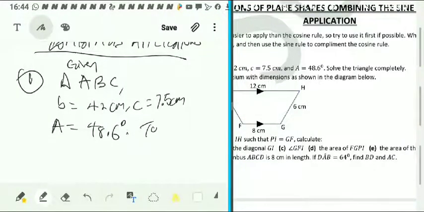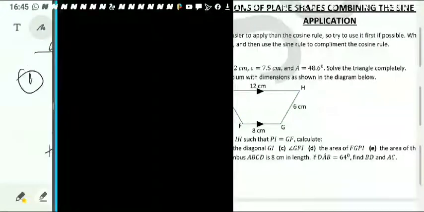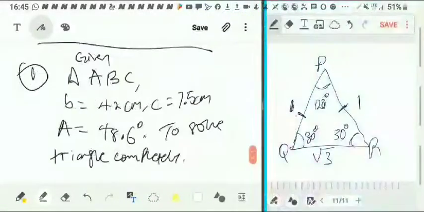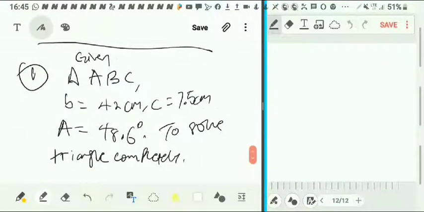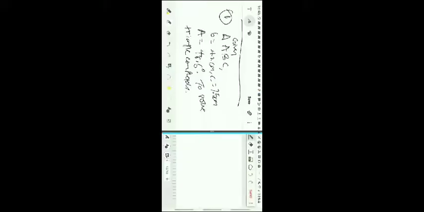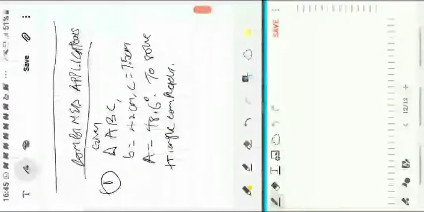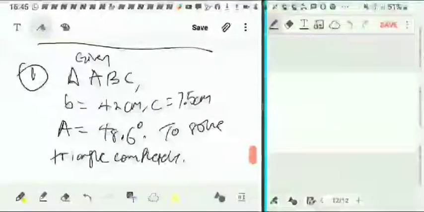Solve the triangle completely. When they ask you to solve the triangle completely, they are asking you to find all the remaining sides and the angles that were not solved. Okay, so let's sketch this on a new page. Sorry, I'll be rushing as much as possible.